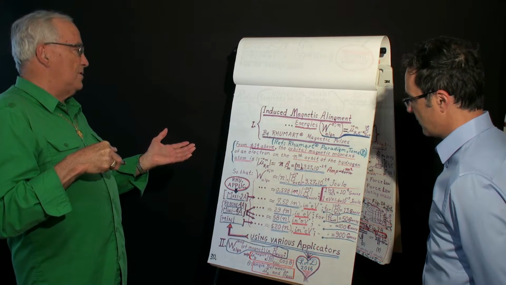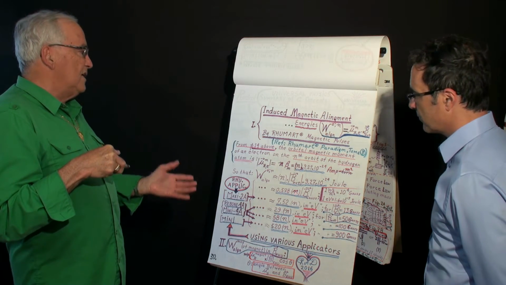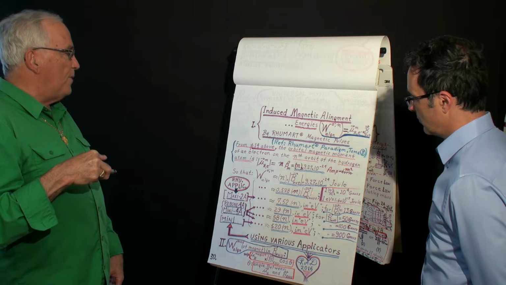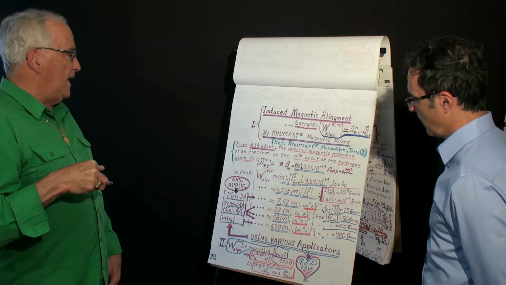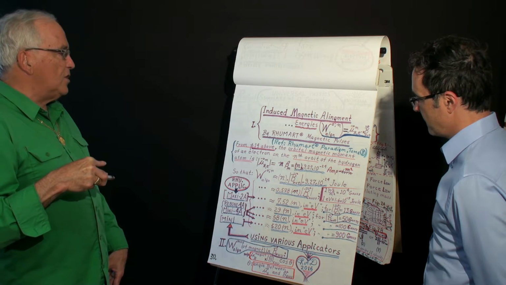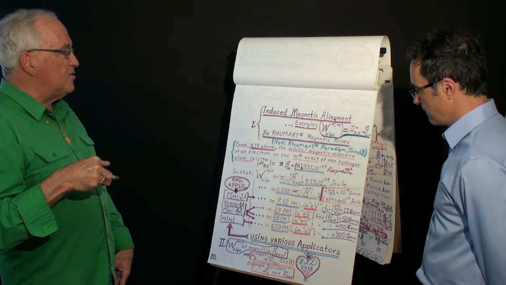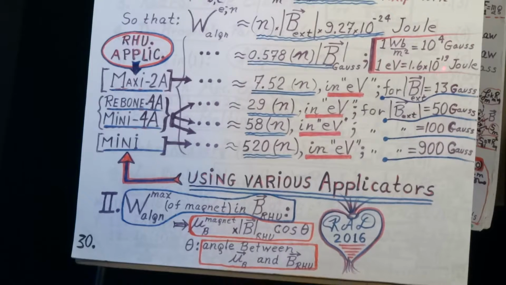the orbit number of the electrons, you will get the magnetic moment exerted by the Raumart system in electron volts, because 1 electron volt is 10 to the minus 19 joule. It's an energy unit.